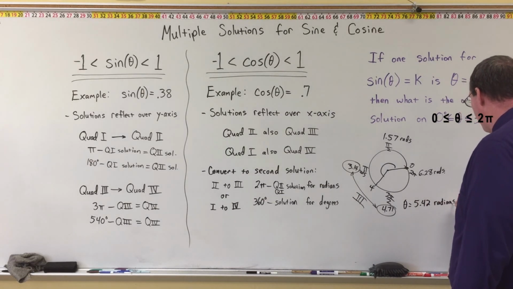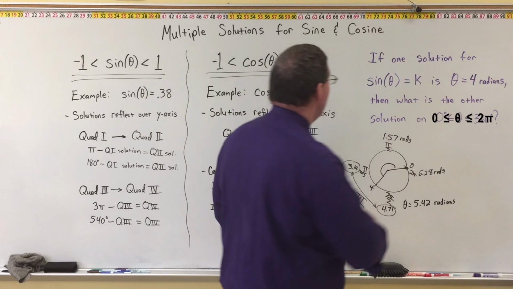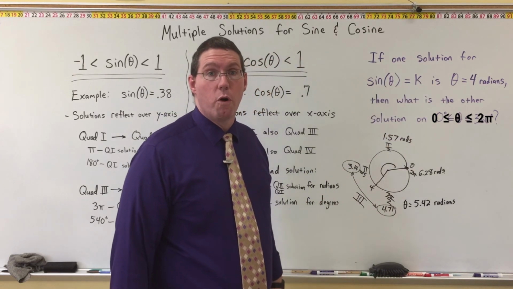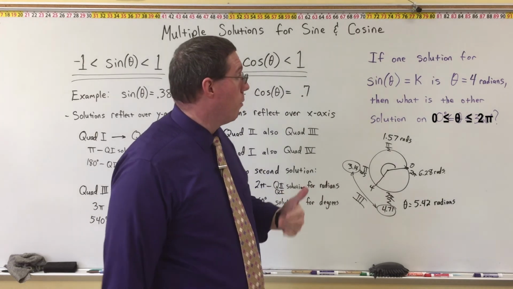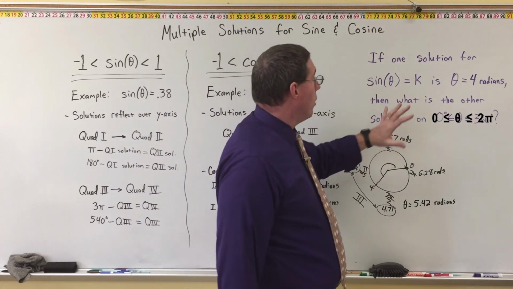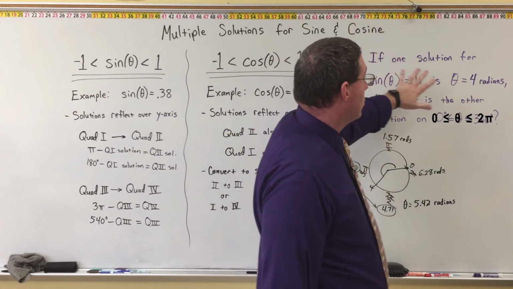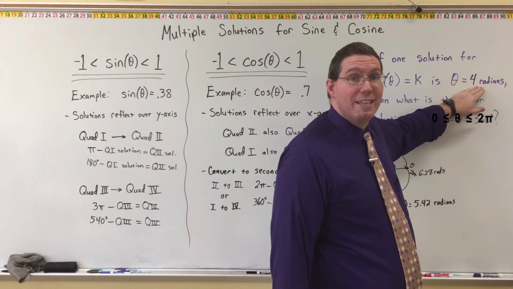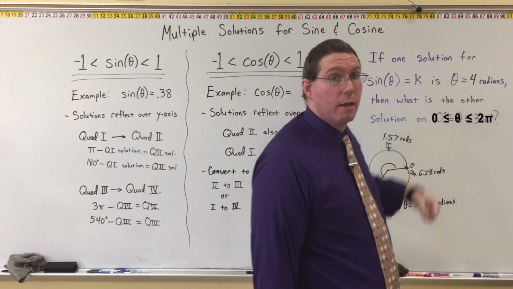That is the other angle that goes along with the angle measure for 4 radians. We're going to do all of these questions in decimal value radians instead of pi radians, so you really got to get used to this.